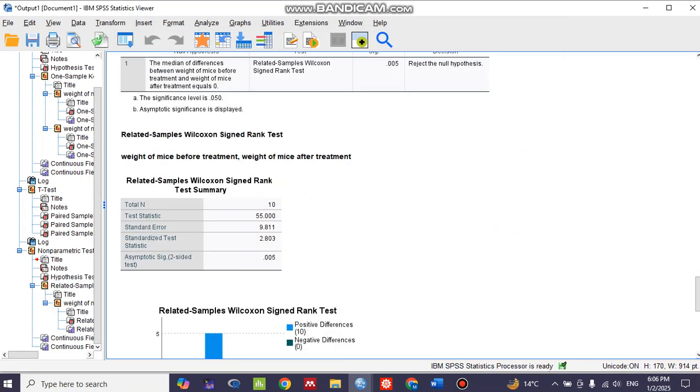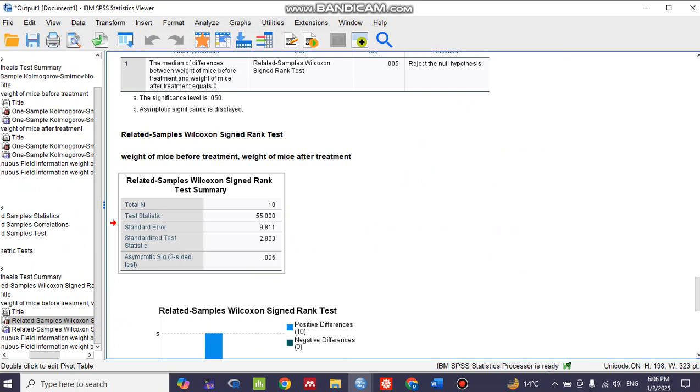So here is the output for the matched non-parametric sample, that is Wilcoxon sign rank test, and that is the significance value of our interest. We will compare this significance value with alpha, and then we will conclude accordingly.